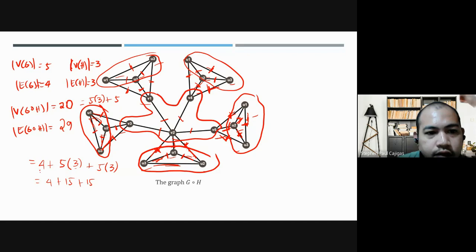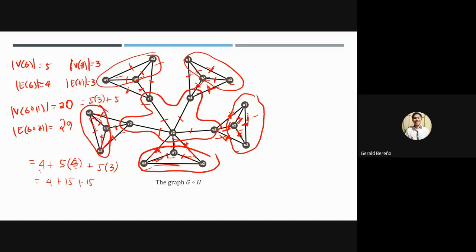The original is 4, here. Yes, its original is 4, and the triangles have 6 edges. So 6 times 5, yes, sir. 30, plus 4.